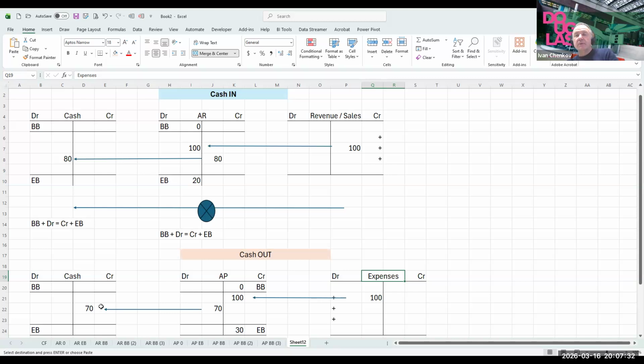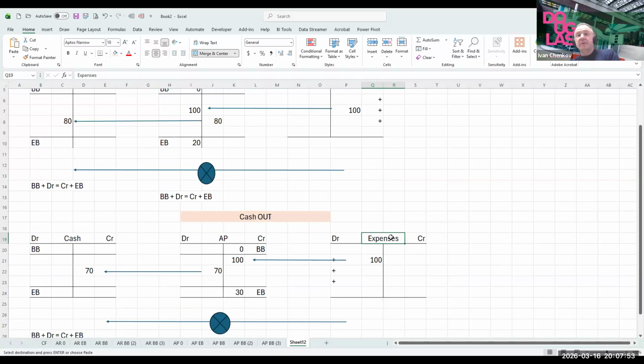So watch this carefully. If we have to do the direct method, we're going to count first from sales, then we're going to add accounts receivable, and from those two, we're going to figure out how much cash we collected. And then we're going to see the expenses and changes in accounts payable, and we're going to see how much cash we paid.